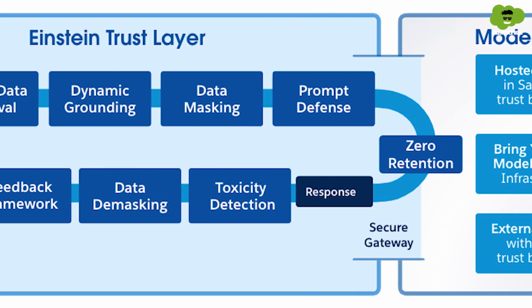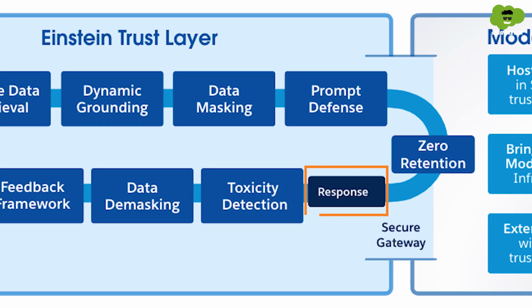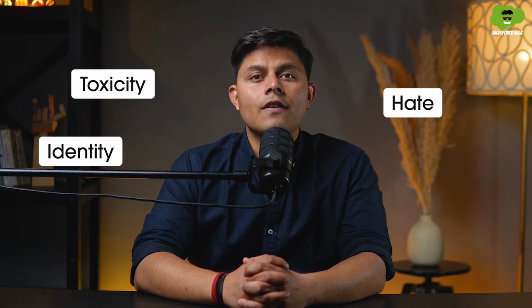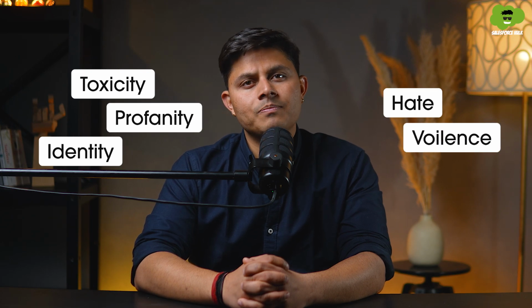Finally, the stage of post-generation processing is reached. This is where the AI model is supposed to give a response to your prompt. When the AI returns a response, the trust layer immediately runs toxicity detection and safety checks on the output. It scores the generated content across categories like toxicity, hate, identity, violence, profanity, etc., using a hybrid rules plus ML model.